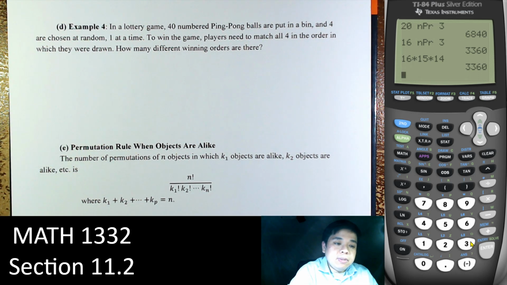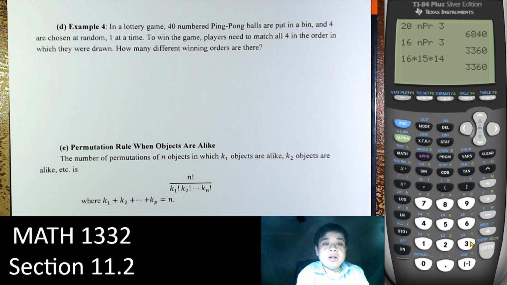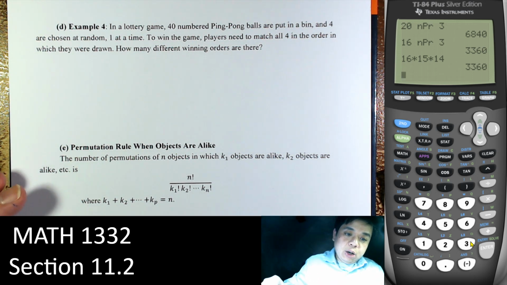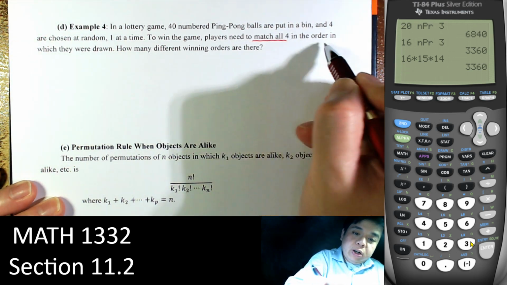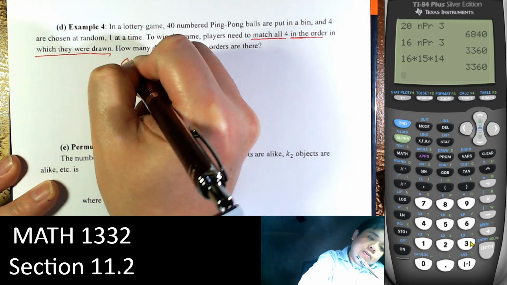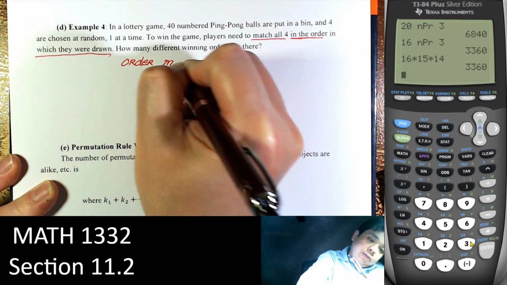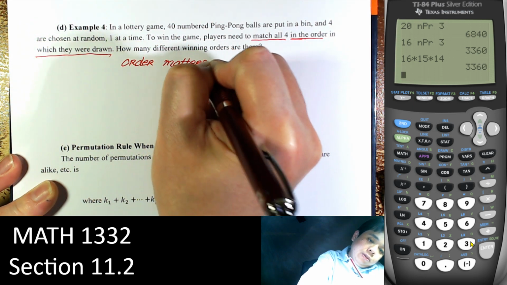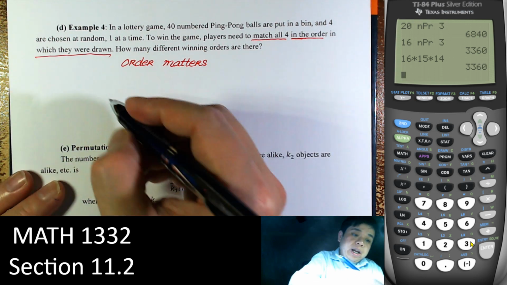Right, next. In a lottery game, 40 numbers are put in a bin and 4 are chosen at random, one at a time. In order to win this game, players need to match all 4 in the order in which they are drawn, and how many different winning orders are there? Right. So the key here is you have to pick 4 and you have to match all 4 in the order in which they are drawn. So order does matter here, right? And there are 40 numbers.